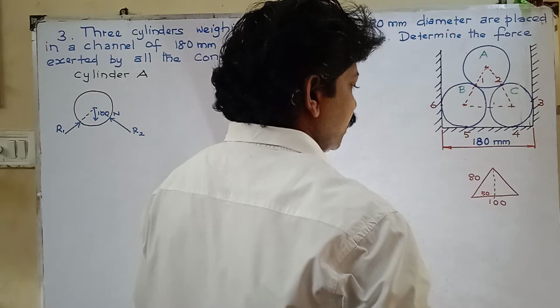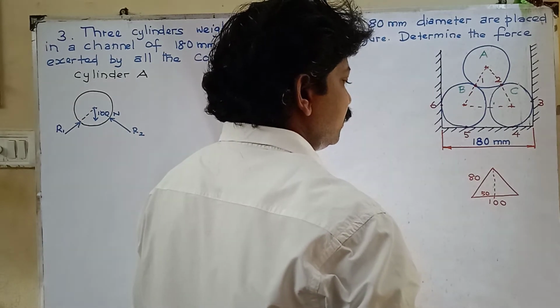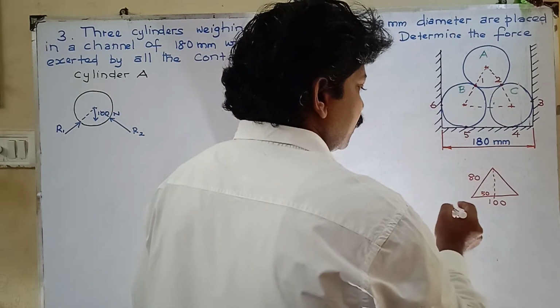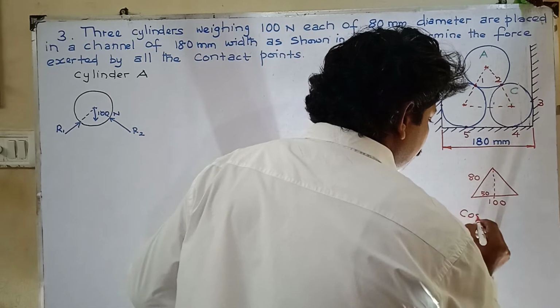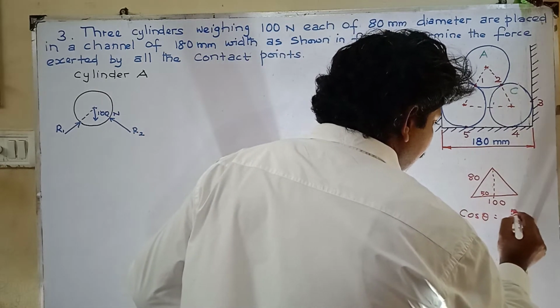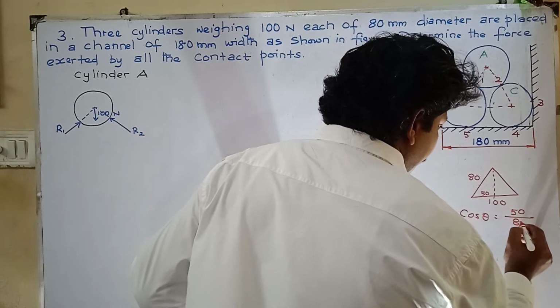So from that, how to find the angle? Cos theta equals adjacent divided by hypotenuse. So cos theta equals adjacent 50 divided by 80. So theta equals cos inverse of 50 divided by 80.